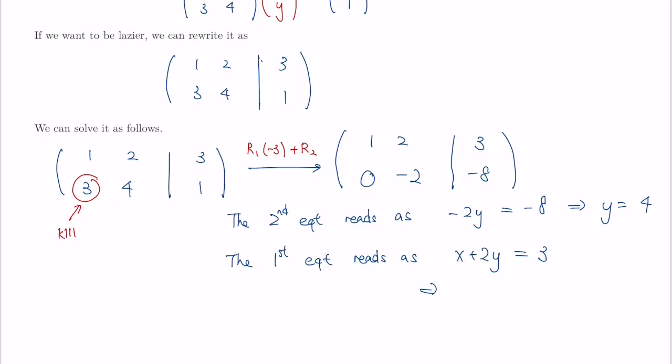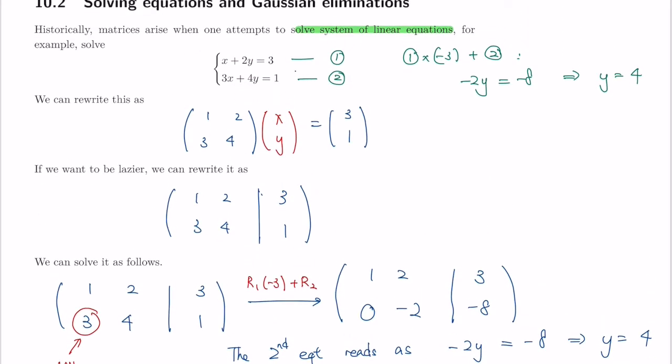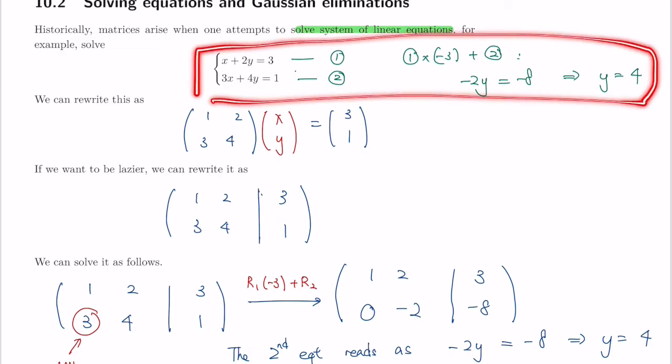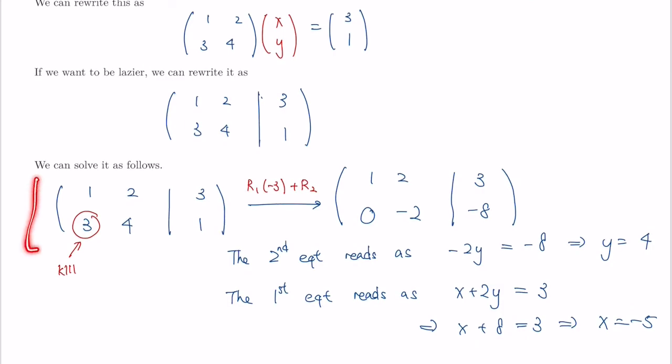That means that x plus 8 equals 3, so x is minus 5. So really, we didn't do any new mathematics. What we really do is we transform the trick you learn at junior high school, method of elimination, in matrix form only. Okay?